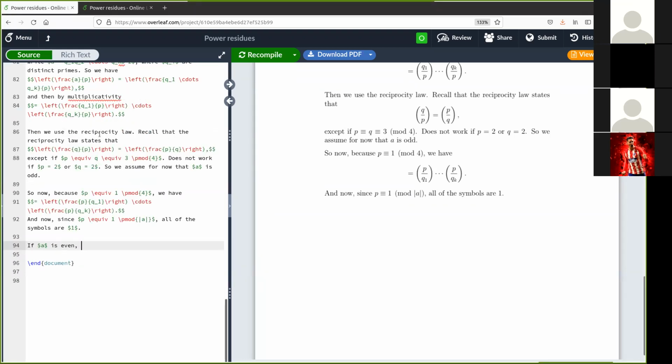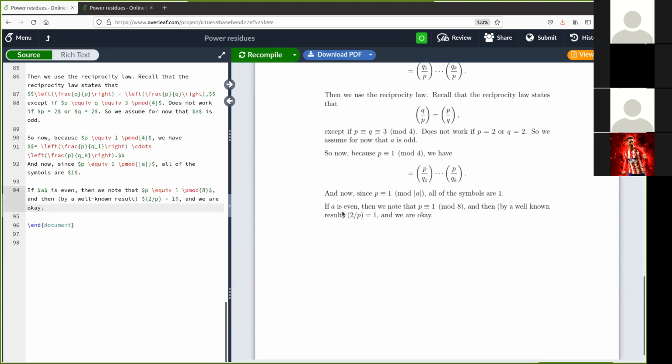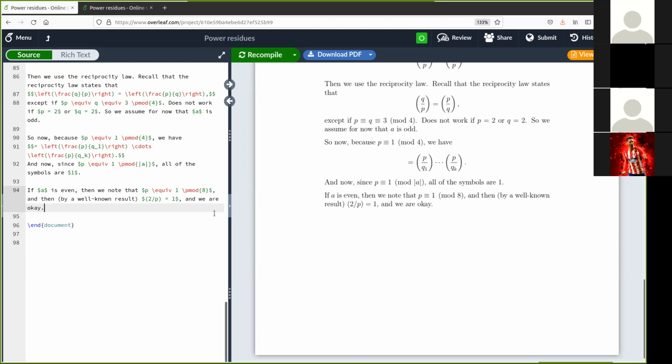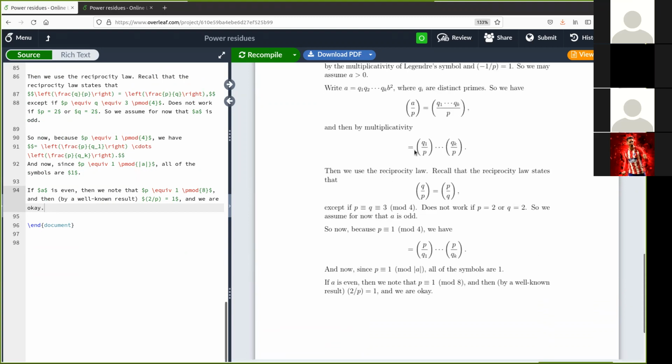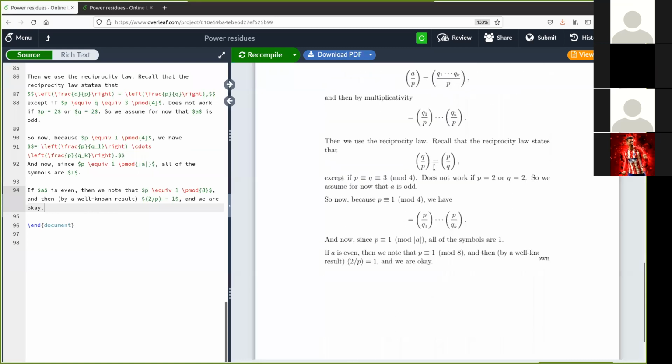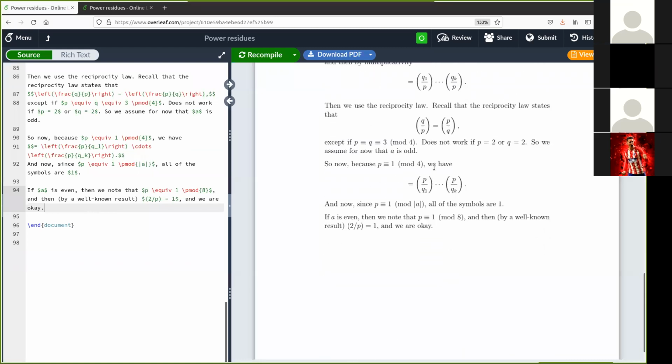And if A is even, then we note that in this case, P is equal to 1 modulo 4, and by some results on quadratic residues, 2 is a square modulo P, and in this case, we're fine as well. Okay, any questions?